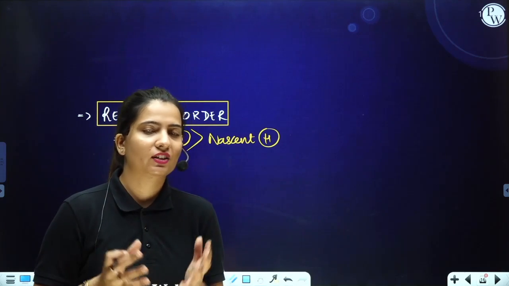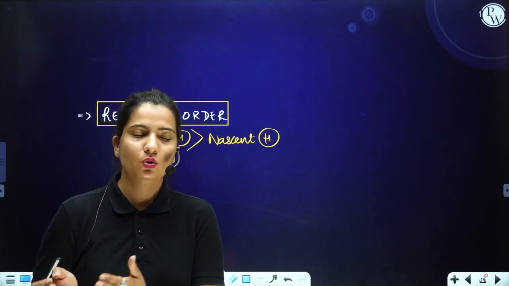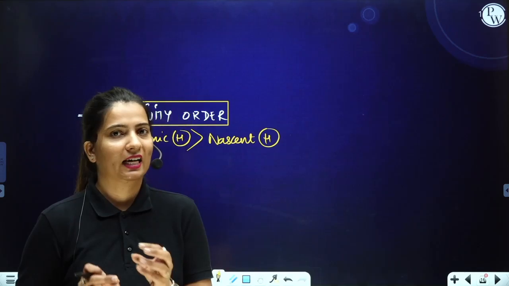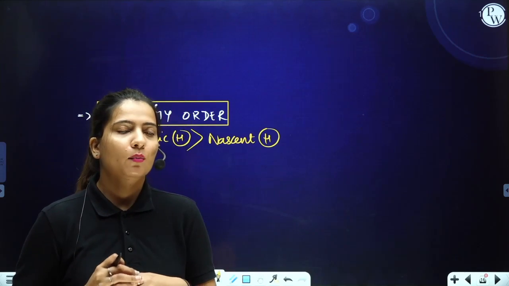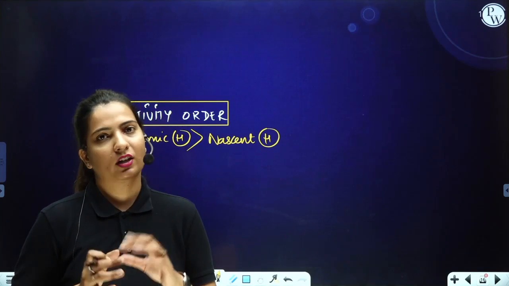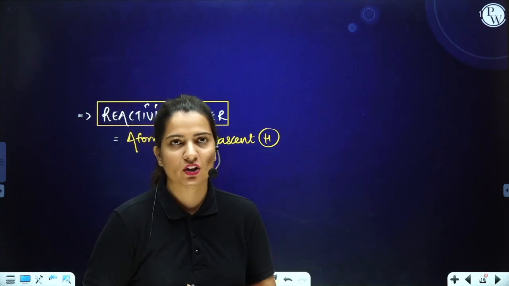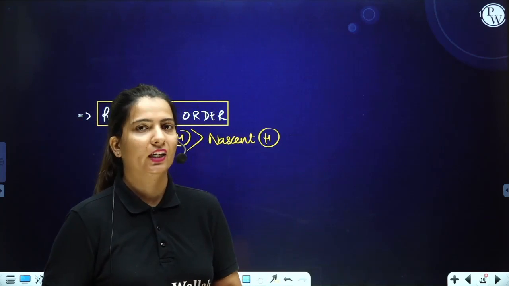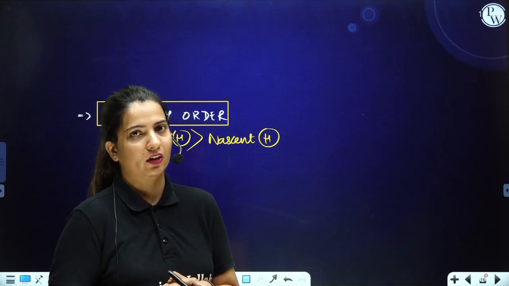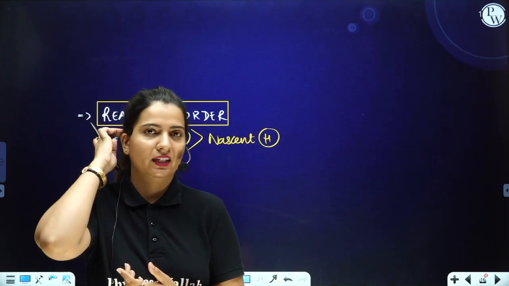First we get the H, then 2H combines to give you the H2. Those 2H will be considered as the nascent. They are formed mostly during the electrolysis of any compound, if there is the discharge of H, and sometimes in some organic reactions also we get the nascent hydrogen, like Kolbe electrolysis.